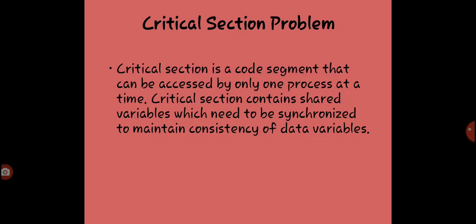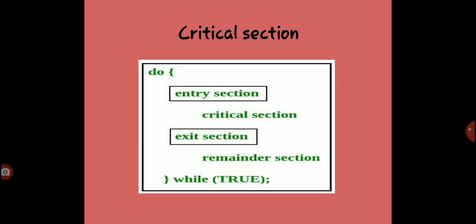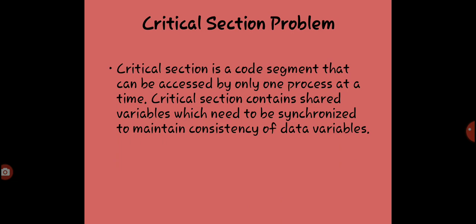Then the critical section. The critical section is a code segment that can be accessed by only one process at a time. This is the picturization of the critical section: the entry section, then the critical section, then the exit section, then the remainder section.